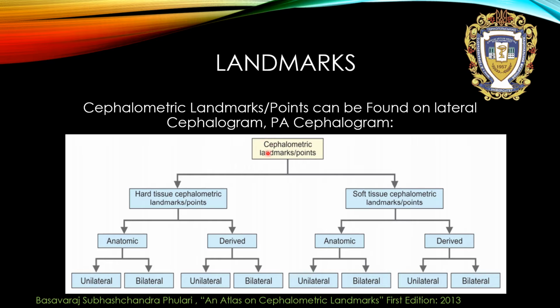All cephalometric landmarks and points are divided into hard tissue and soft tissue, and every group is divided into anatomic or derived. And every one of these subgroups is divided into unilateral and bilateral. The same.